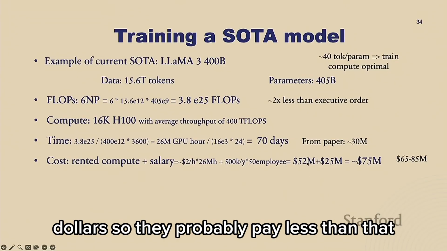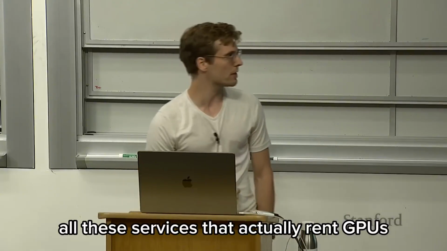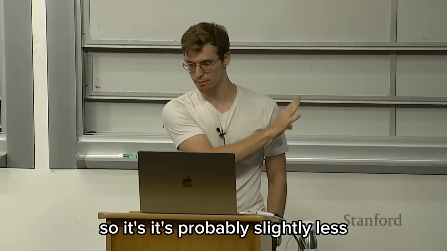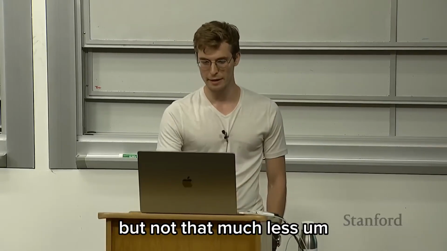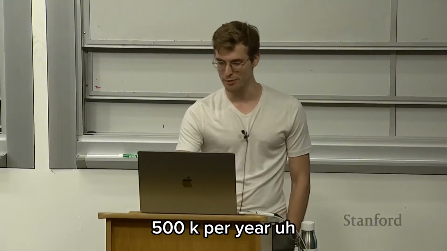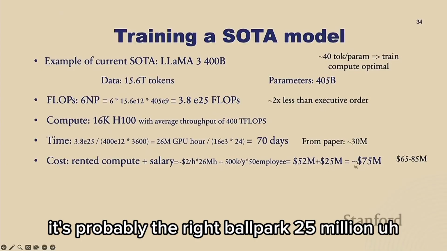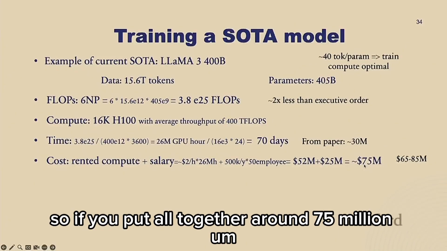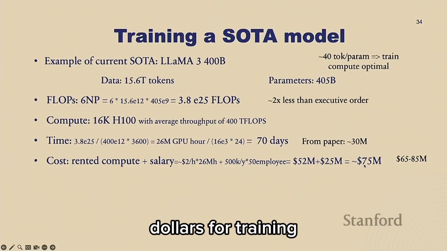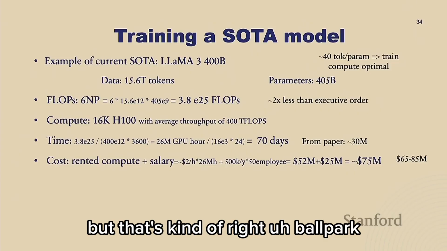So they probably pay less than that, but not actually much less, because all these services that actually rent GPUs, they don't make that much money. So it's probably slightly less, but not that much less. Now salary, I said 50 employees, $500K per year. It's probably the right ballpark. 25 million. So if you put it all together, around $75 million for training this Llama model. I'm probably off by like 10 million, but that's kind of the right ballpark.